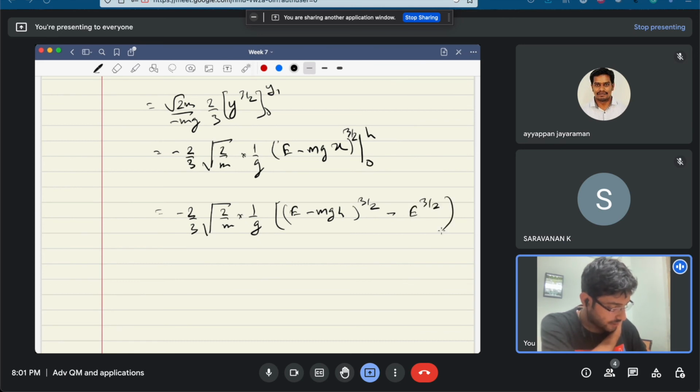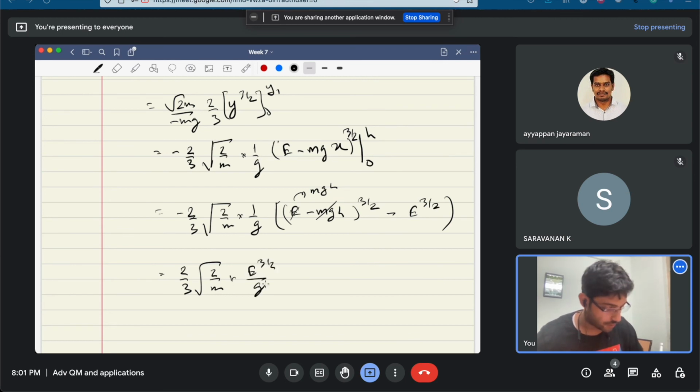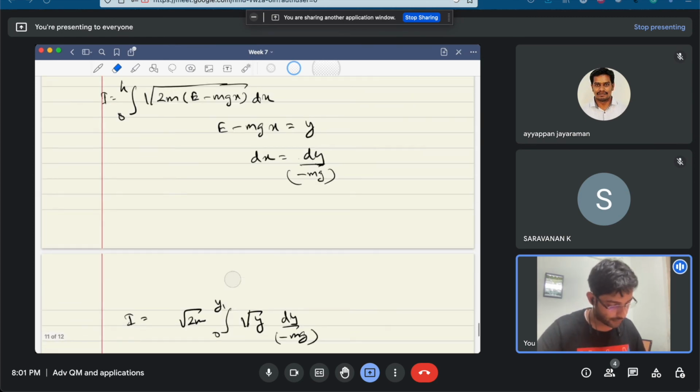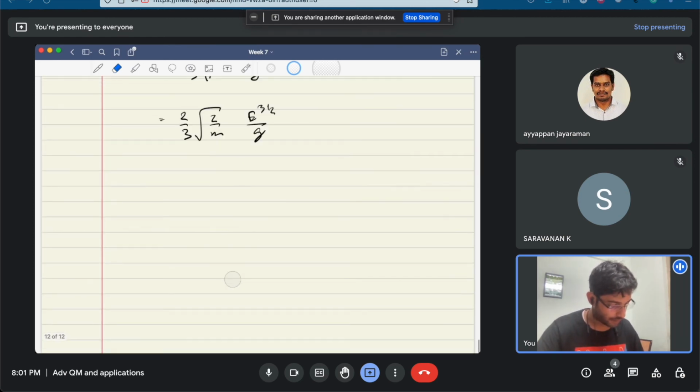Now we know E is equal to mgh, so this is actually getting cancelled out, right? And the minus minus sign goes off. You get 2 by 3 root 2 by m, E to the 3 by 2 by g. And on the other side we have (n minus 1 by 4) pi h bar.